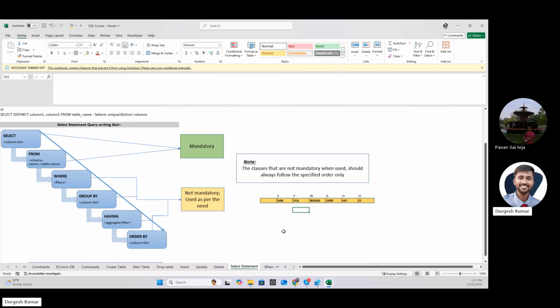I think this is easy to understand and remember. This is how you can express it to the interviewer, but not the Hindi one. Just in your mind it should be: sub as select, फूल as from, वहां is where, गिरे is group by, H is having, and O is order by. Okay.